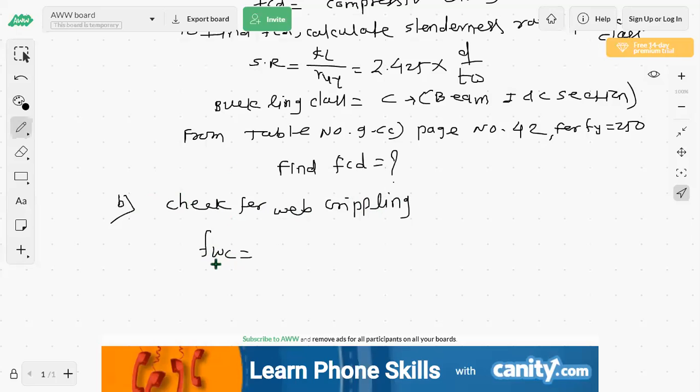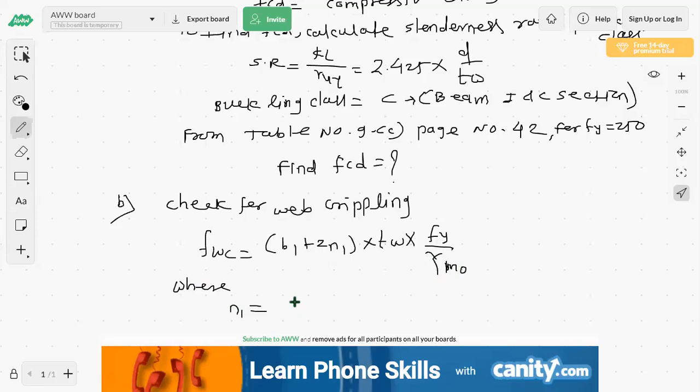FWB is the web buckling strength, and here it is the strength due to web crippling: P1 plus 2N1 into TW into Fy divided by gamma m naught. And how to calculate N1?